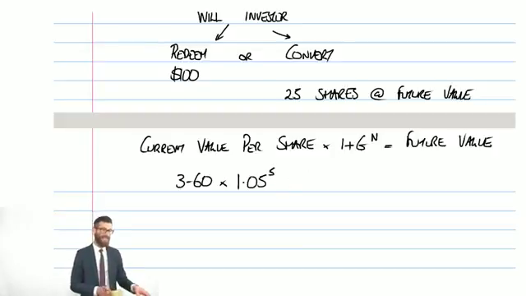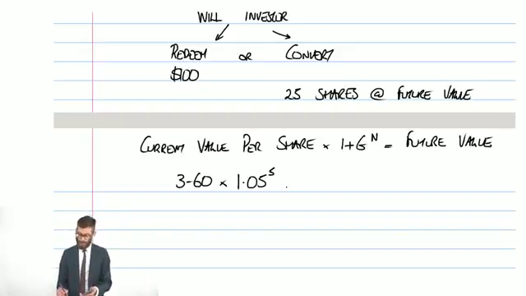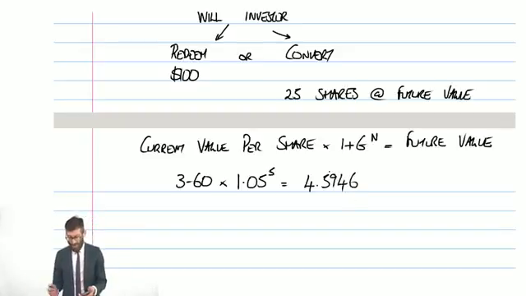Now, this is very particular here because I would ordinarily round my answer off, but I can't because it will not match the answer given. But 3.6 times 1.05 to the power of 5 comes in at 4.5946136625.